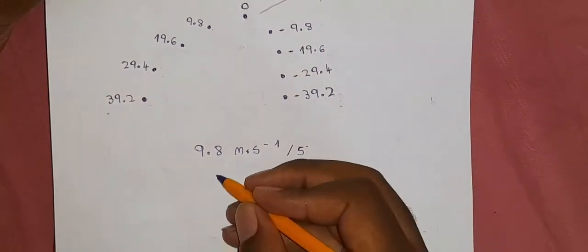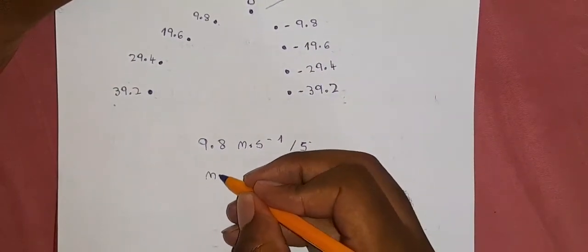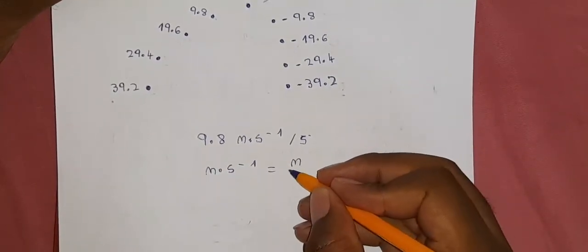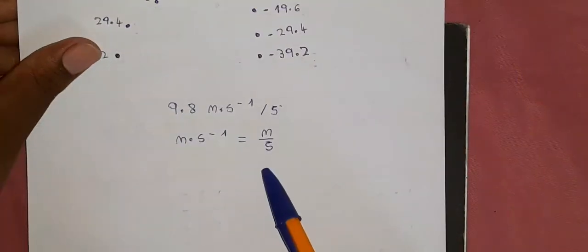What does this mean here? And remember that meters per second can be written as meters over second. If you did the laws of exponents, you will know what I'm talking about here.